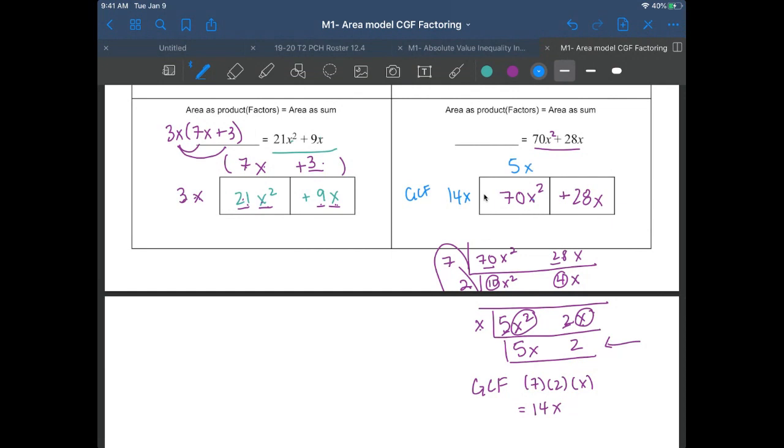And then 28 divided by 14 is 2, so plus 2. And then x divided by x is 1, so I don't need an x on the top. So I write this as 14x times 5x plus 2.